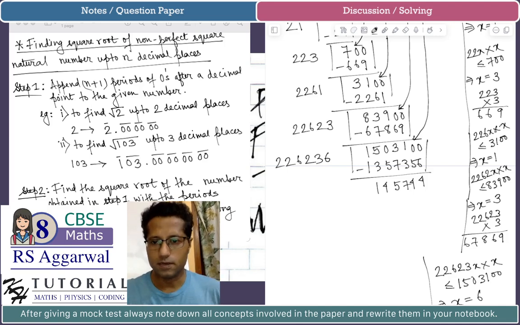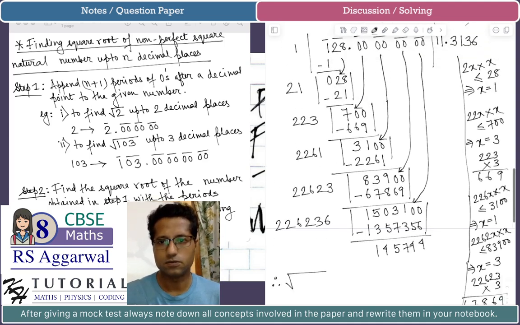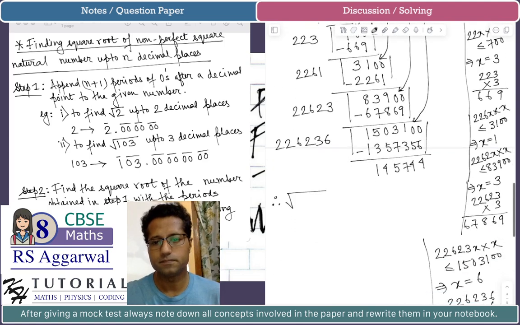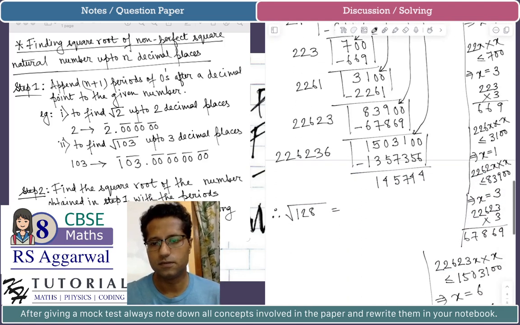I hope this is the remainder. Anyway, therefore, the final square root of 128 is 11.3136.